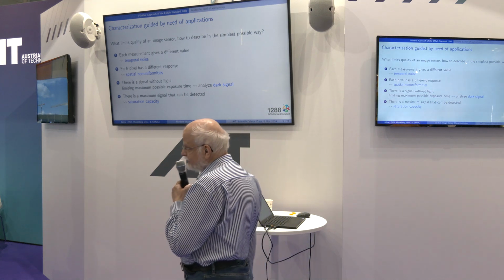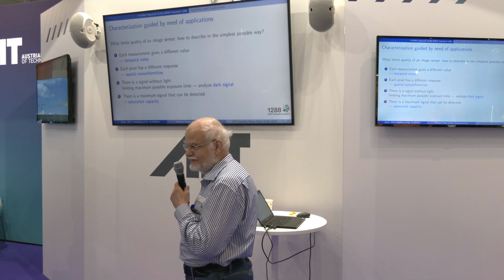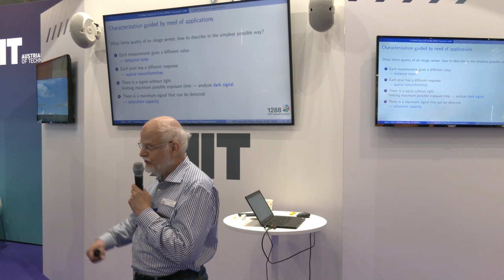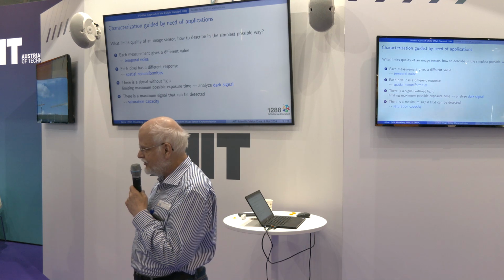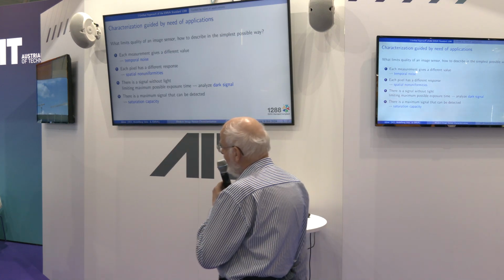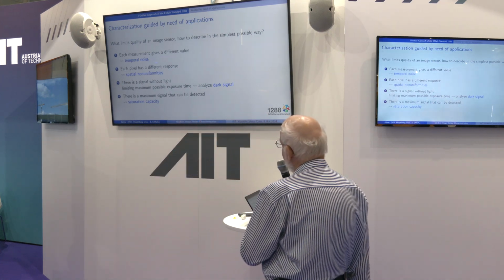Third one is, even if you apply no light to your camera, you get a signal. And this signal is increasing with the exposure time you apply. So if the exposure time is increasing, you get a brighter and brighter image, and finally you can saturate your camera without any light reaching it. And so this limits basically the maximum possible exposure time you can use, and you need to analyze what is called the dark signal, how this is changing with the exposure time.